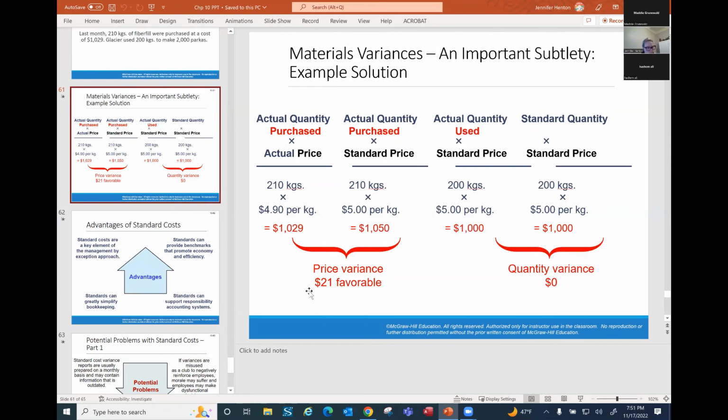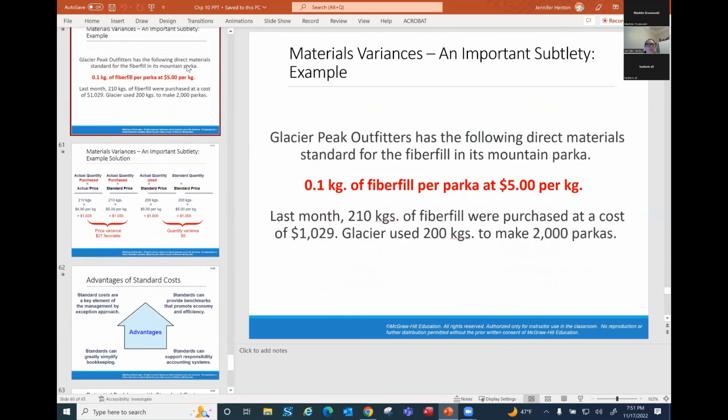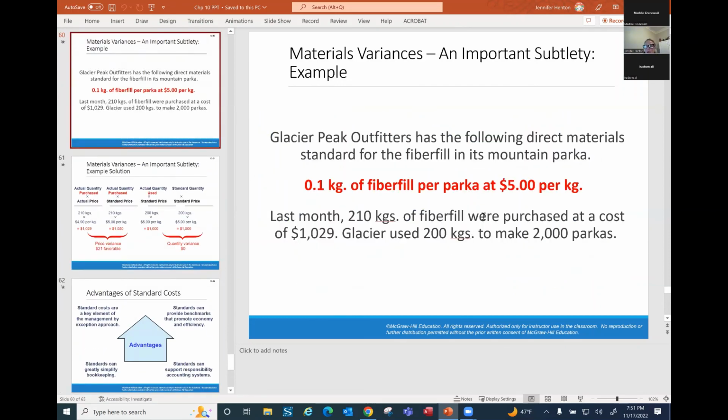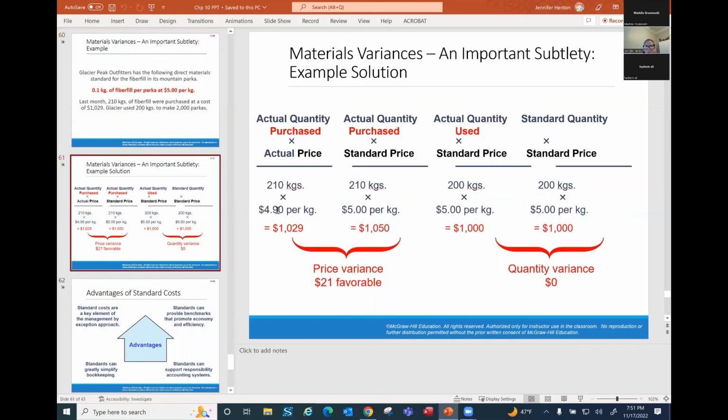The 10.29 is what was spent, and you have to go back to see how much was purchased. So it was 210. So that's where the 4.90 comes from: the 10.29 divided by the 210.